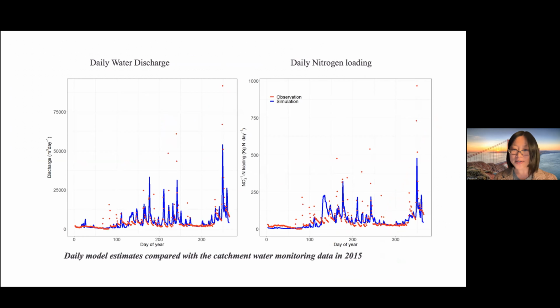So this is the first simulation result we got for the RS catchment in 2015 without doing any model improvement. You can see the model result is poor. We have the observation data represented by the red dots, and the model is the blue line.